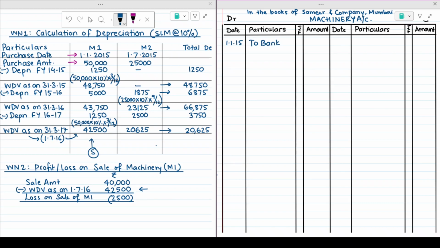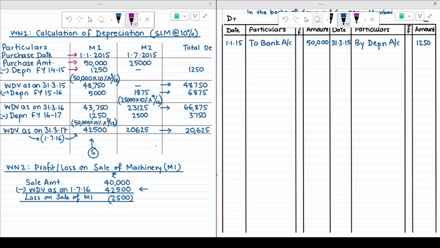We paid through bank. The amount is 50,000. Then during this year, there are no other purchase or sale transactions, so we can directly go to the depreciation entry, that is 1250. So on the last day, 31/3/15, we'll pass the depreciation entry by depreciation account 1250.